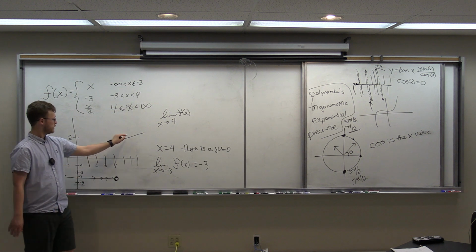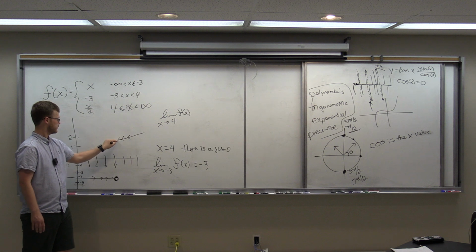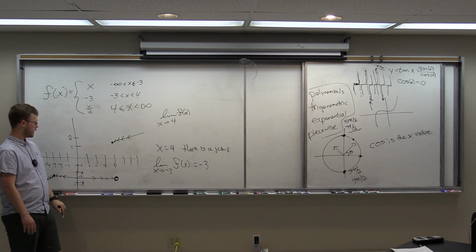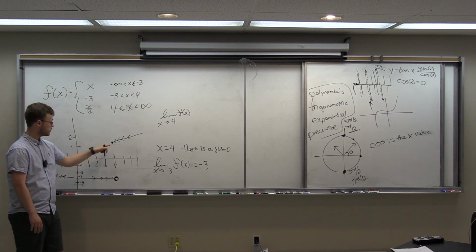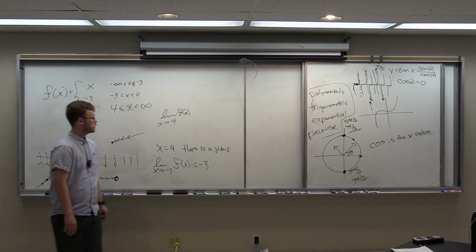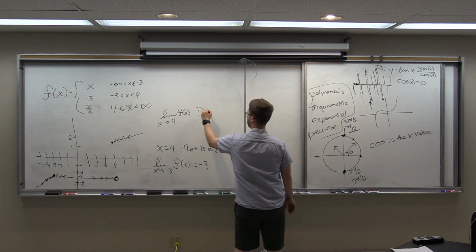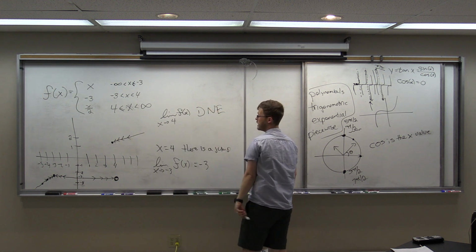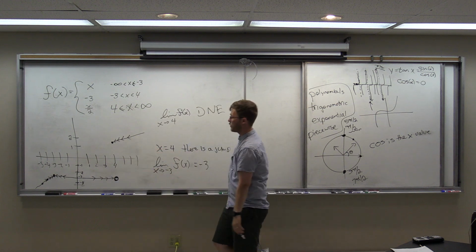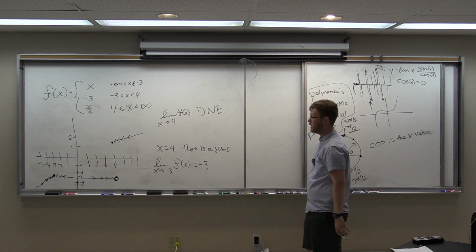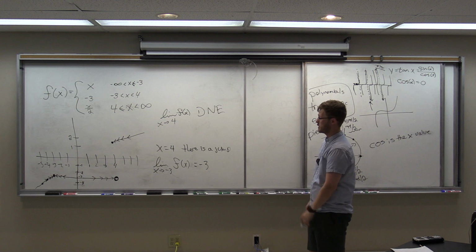But as I move to the right, or to the left that is, the value that I'm approaching is 2. These two values disagree. So we say this limit does not exist. There is no value that we are approaching from both the left and the right. The function can't seem to agree. So we say the limit does not exist.